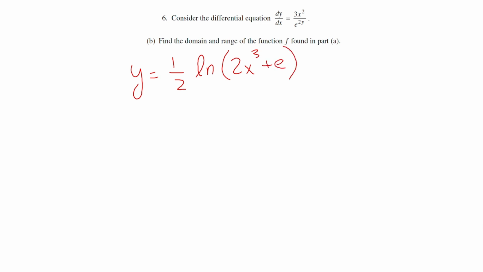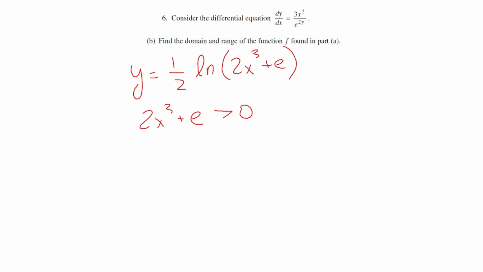And so we know that when we're looking for our domain here, 2x cubed plus e is going to have to be positive, right? Because we can't take the natural log of a negative, and we also cannot take the natural log of 0. So we know that 2x cubed plus e needs to be positive.